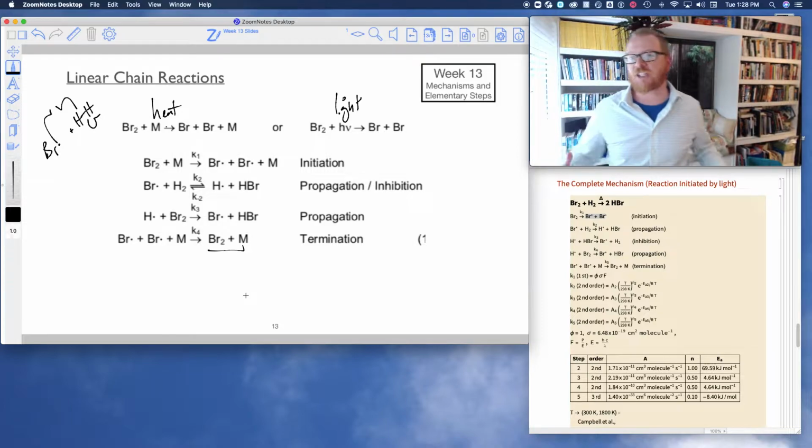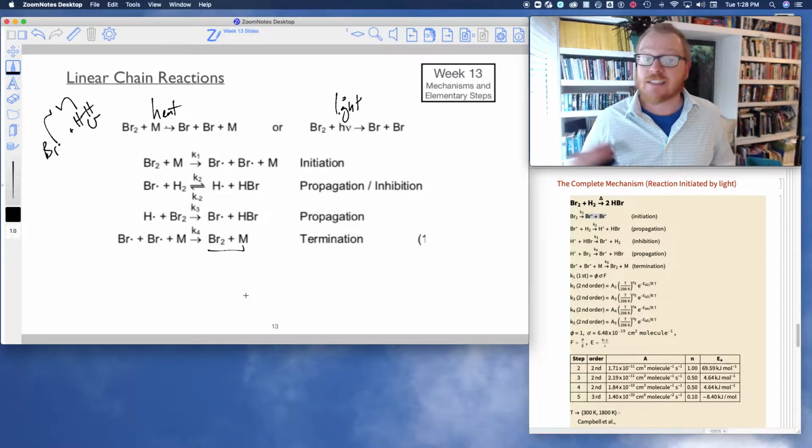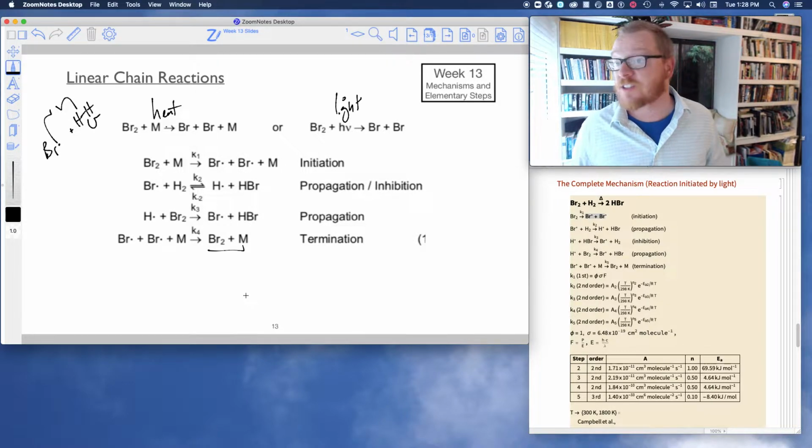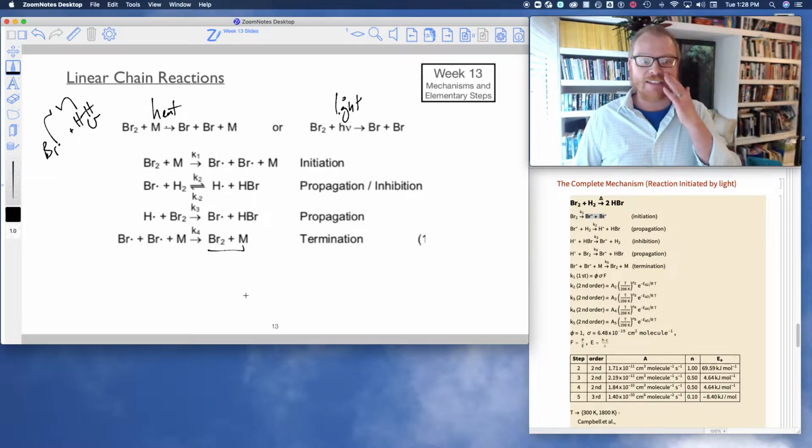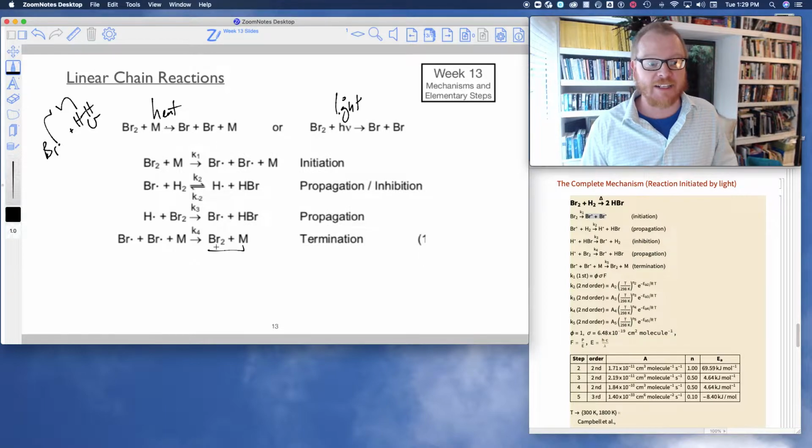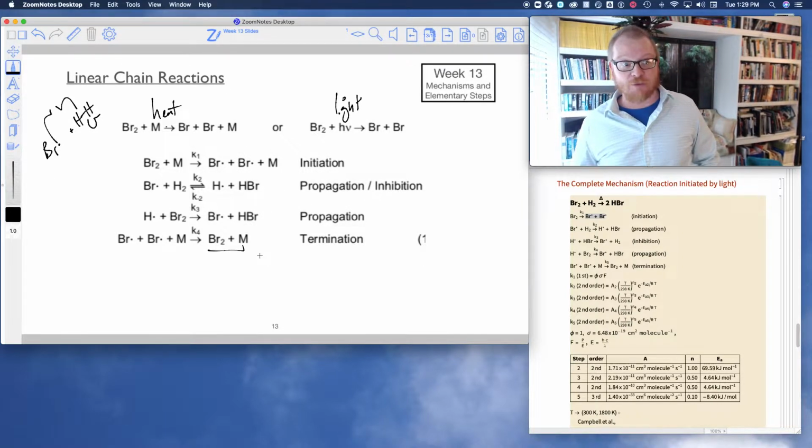So it's a termination step, okay? And that's the only way these types of chain reactions stop, is not necessarily when you run out of reactant, rather when you run out of radicals. So we might have unreacted bromine or unreacted H2 depending on the conditions of this chain reaction.